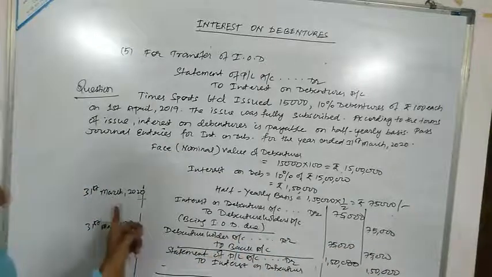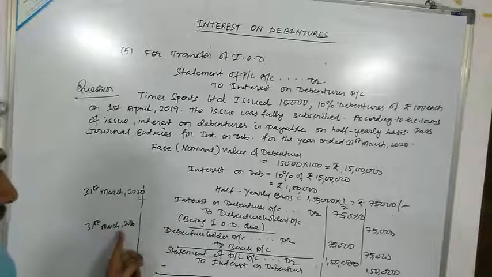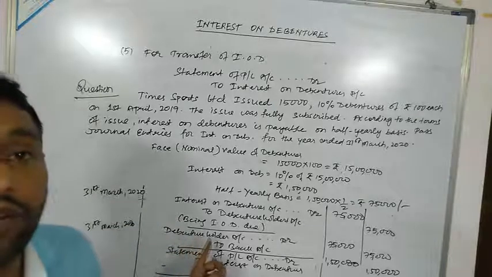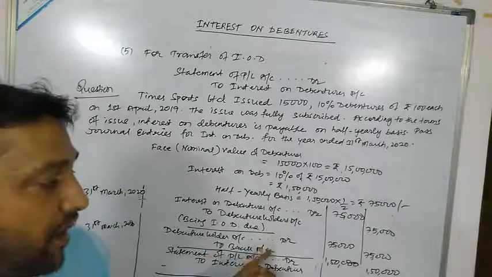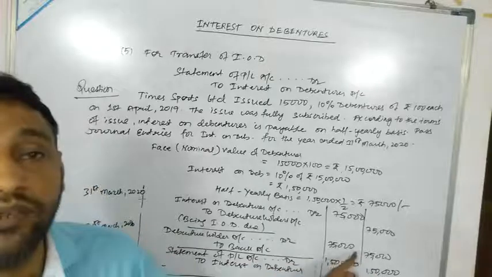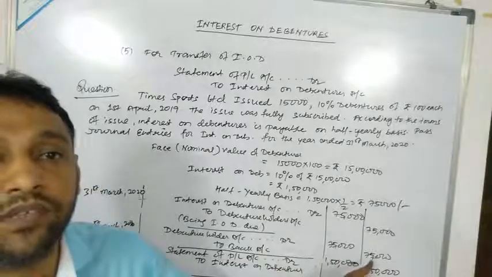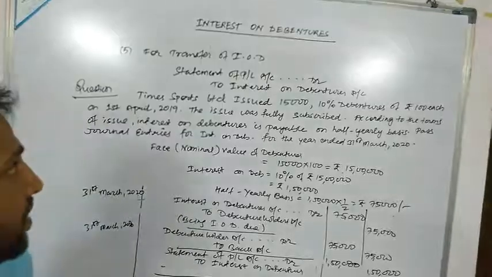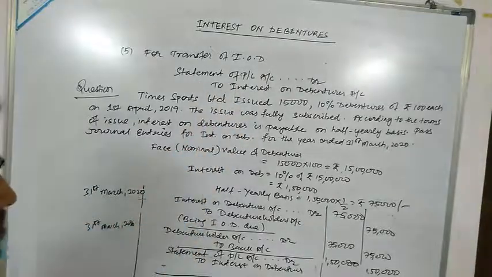Okay, now this is the due entry, now payment entry, same date 31st March 2020. एंट्री क्या बनेगा, debenture holder account debited to bank, how much is the amount, amount is your 75,000, narration being interest on debentures paid.